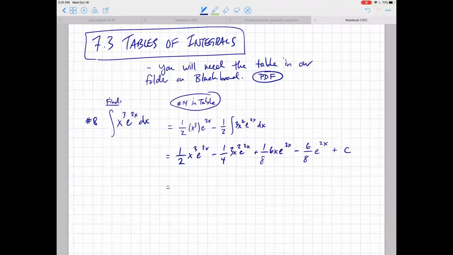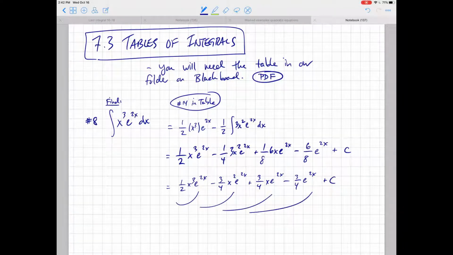And then just kind of tighten up the scalars here, and you are good to go. Minus 3/4 x squared e to the 2x plus 3/4 x e to the 2x minus 3/4 e to the 2x. Now you might want to think about factoring out an e to the 2x to make that look nicer, but this is good as is.